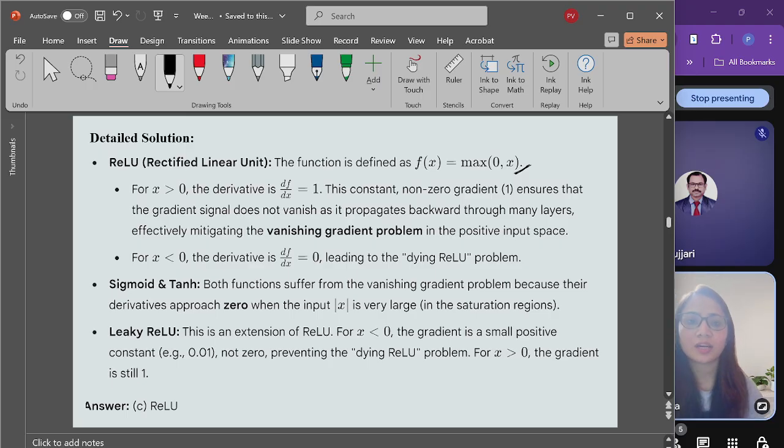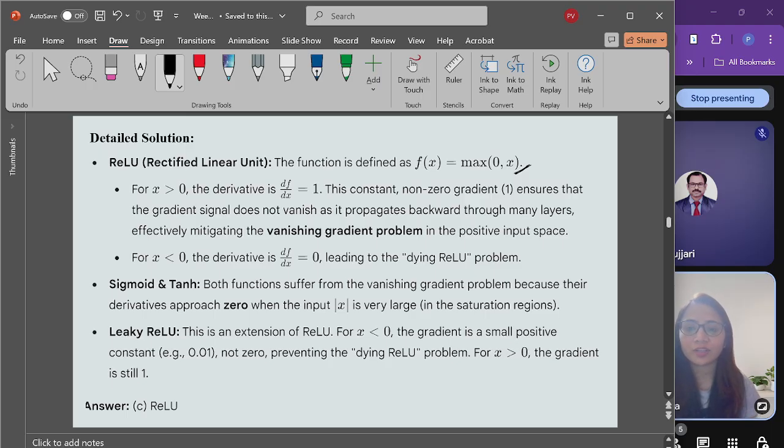This constant non-zero gradient of one ensures that the gradient signal does not vanish as it propagates backward through many layers. It effectively mitigates the vanishing gradient problem in the positive input space.